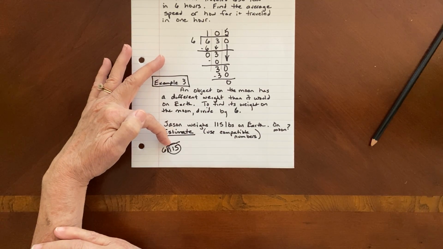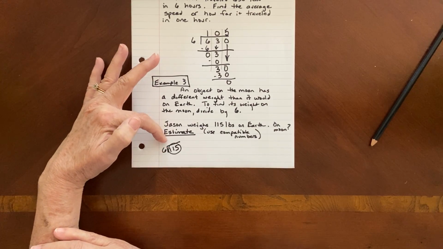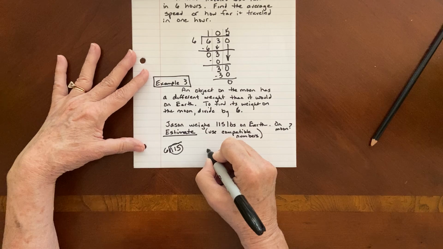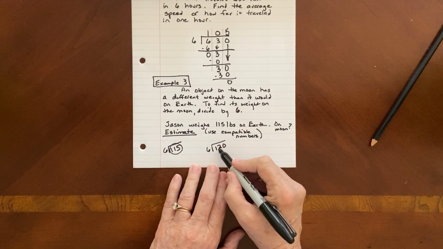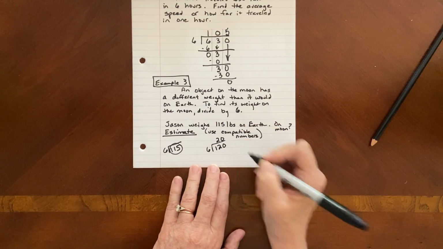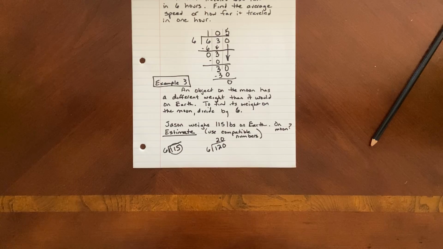110, will 6 go into 11? No. Will 6 go into 12? Yes. So could I change that to 120? Sure. So 6 goes into 120 20 times. Do I have to write all that? No. So I'm going to say that my answer is he would weigh about 20 pounds on the moon.